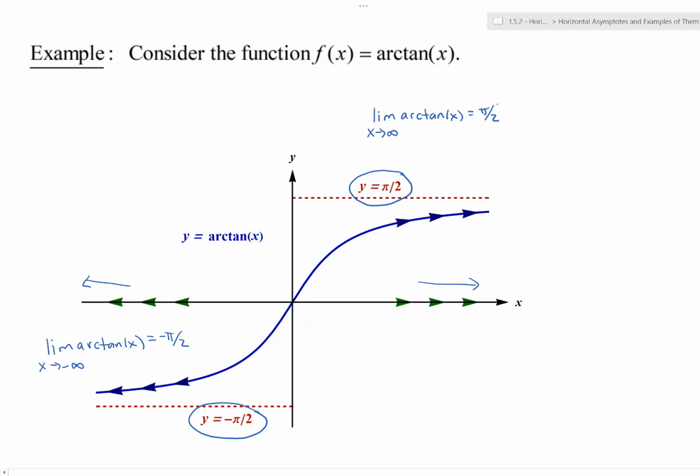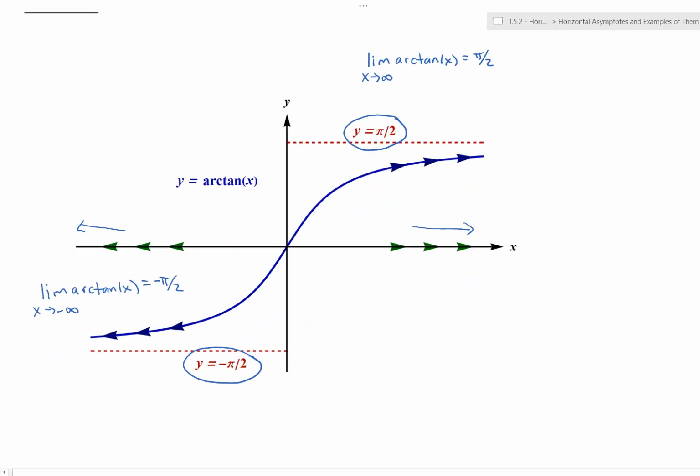And so we can define a horizontal asymptote using this idea, and that is as x gets very, very large in the positive or negative directions, if my function is approaching a particular output value, in this case pi over 2 and negative pi over 2, then those horizontal lines, y equal to those numbers, are horizontal asymptotes of the function.